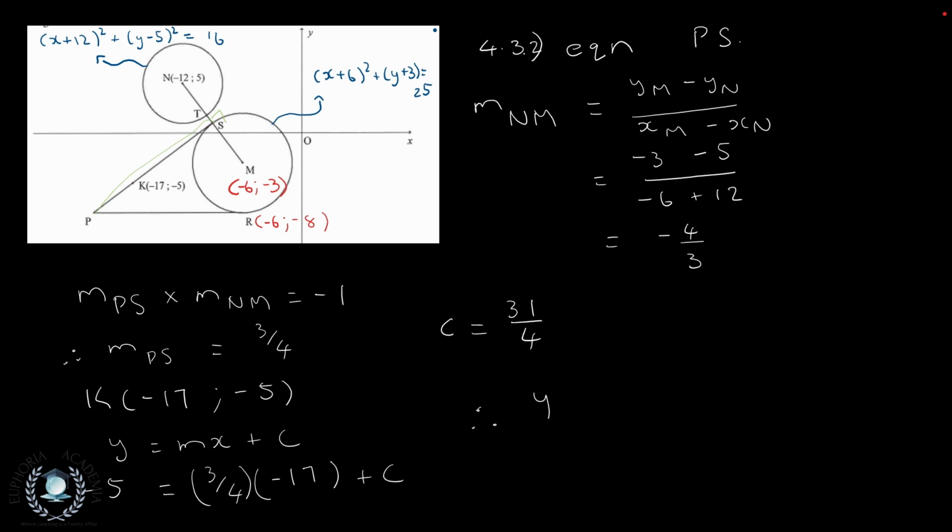Therefore, our equation is y is equal to 3 over 4 x plus 31 over 4.